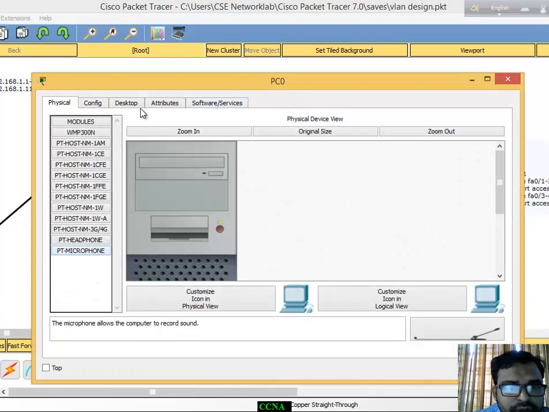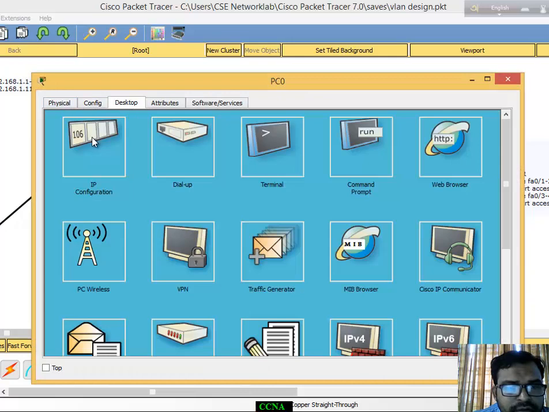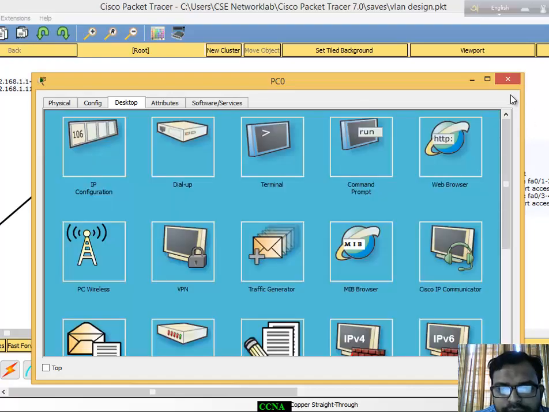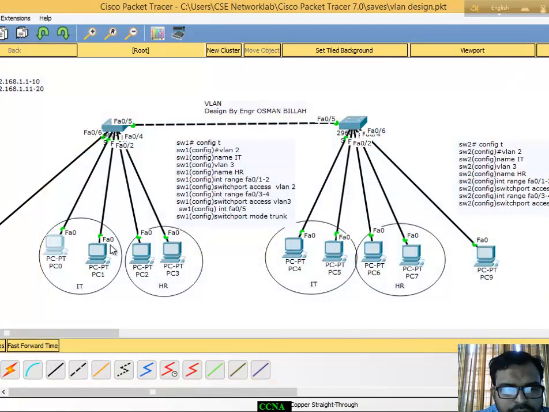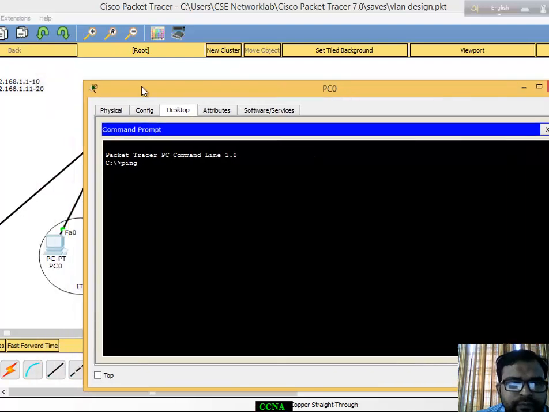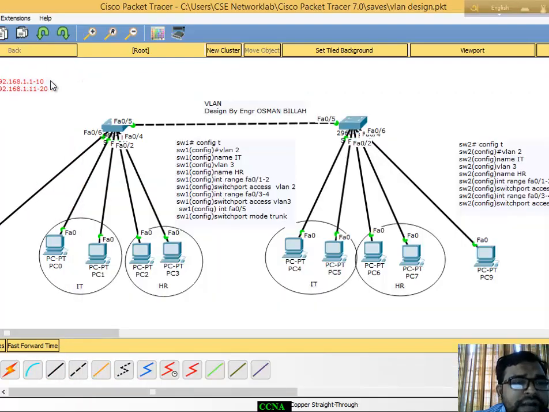First of all, open the command prompt here. There are two different network IDs or IP addresses for the IT department and HR department.